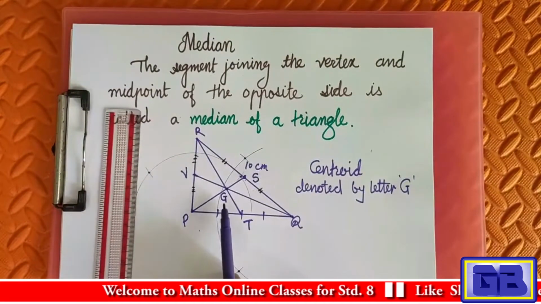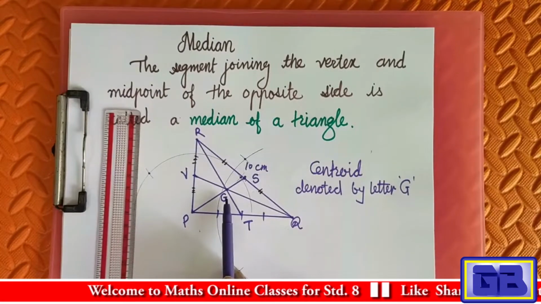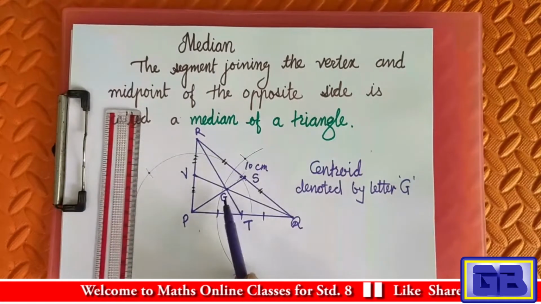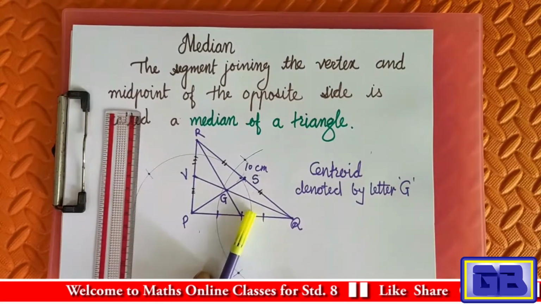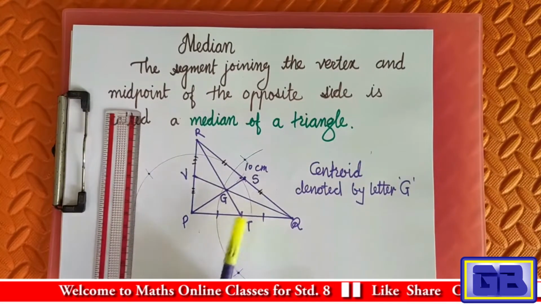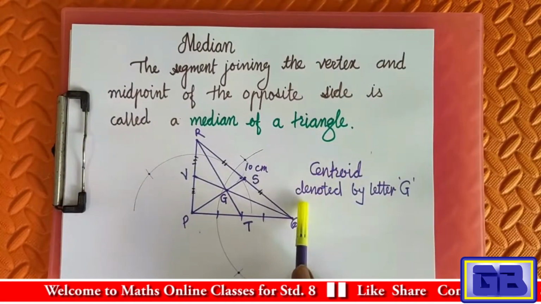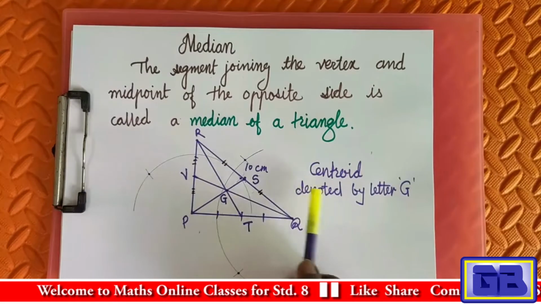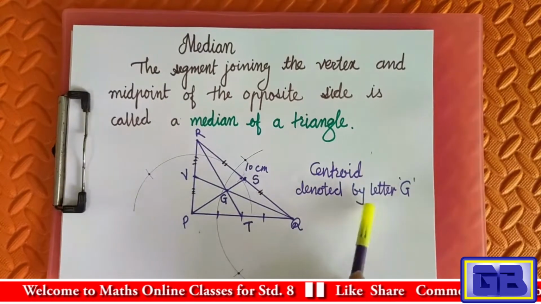For altitude, you will always use O, and for median, the centroid, you will use letter G. We will take another example. Did you finish this? The point of concurrence is called the centroid, denoted by letter G.